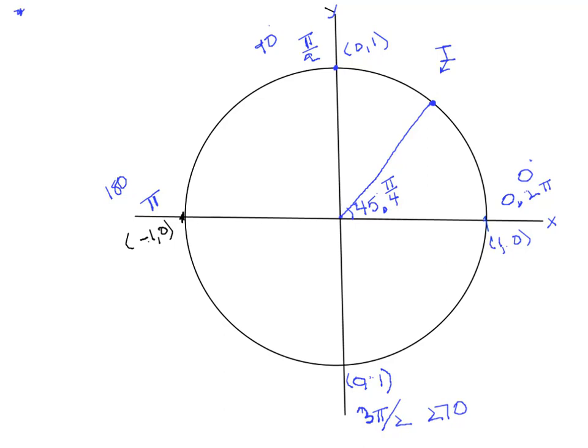And out here we have a point that matches it called the square root of 2 over 2, comma, square root of 2 over 2. All right? And it comes from those triangles that we drew last week with the 30, 60, 90, and 45, 45, 90. Remember that?